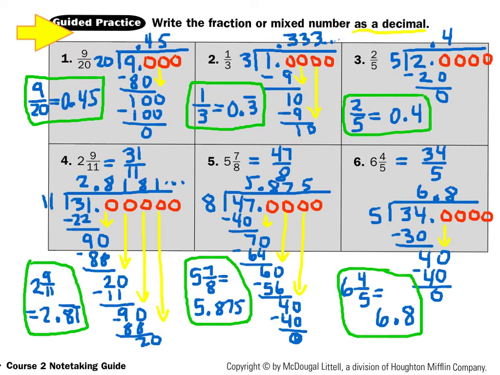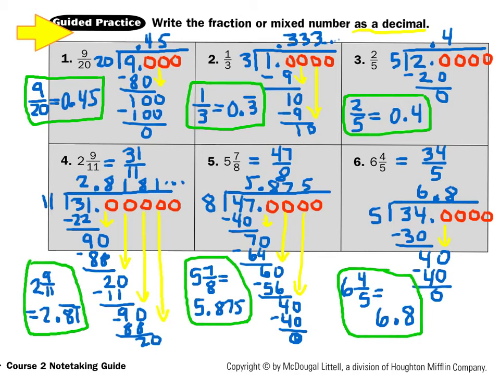I subtract, I get a 1, I bring down the 0, and I start to see the pattern. 3, 3, 3, 3, 3. It'll continue forever. So now this is how we're going to write it. Grab the fraction, 1 over 3 equals 0.3, and put a bar over a 3 only, because that's what repeats.